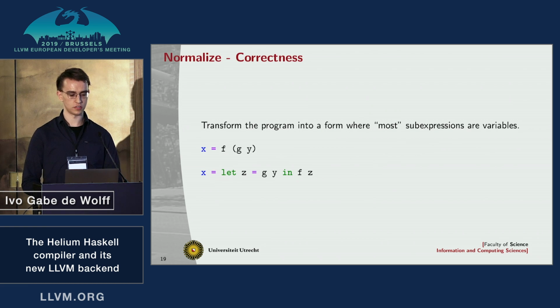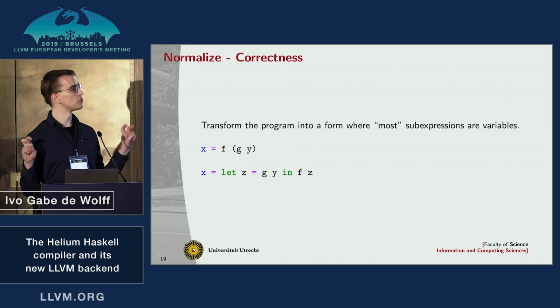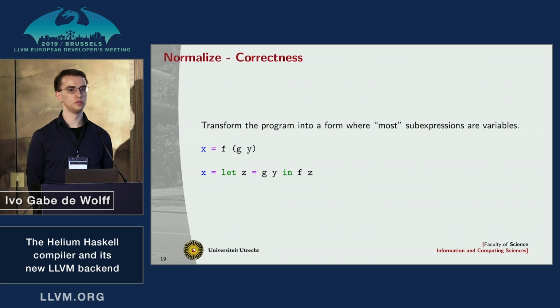The next pass is the normalization pass. This pass is important for the correctness and the compilation to Iridium. What we do here is we ensure that all sub-expressions are variables. So in the slides I have quotes around "most", as we do allow arbitrary sub-expressions on some locations, but I didn't want to get into detail about that.